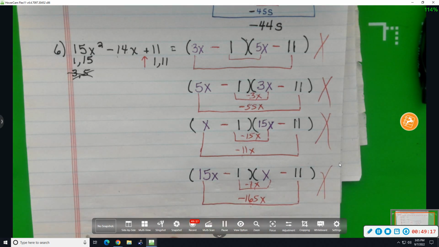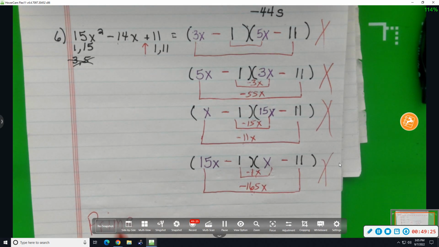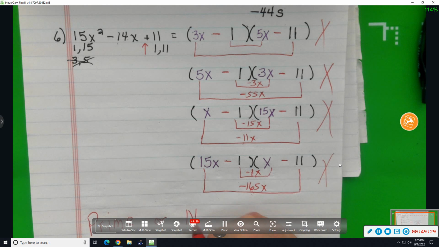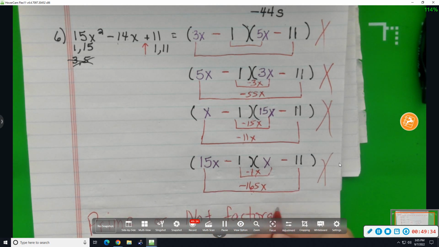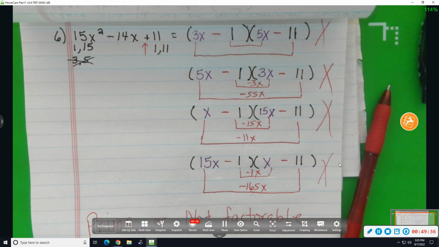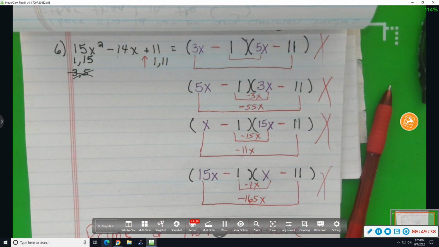So, depending on how they word it, there's 2 ways I've seen them saying it on there. It'll either give you the option that the polynomial is prime, or what I prefer for it to do is actually write out not factorable. I think on number 6 it gives you prime as the option.